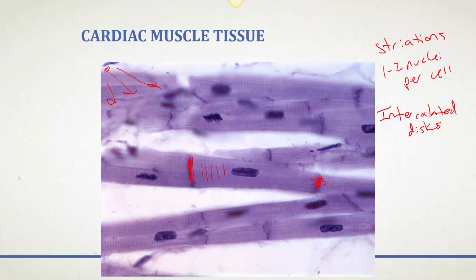Then as the atria are relaxing, the ventricles are going to contract. And all of those ventricle cells have to contract in unison to push blood up and out of the heart. So in order to have this rapid communication between neighboring muscle cells in the heart, you need these intercalated discs. So cardiac muscle tissue is only found in the heart.